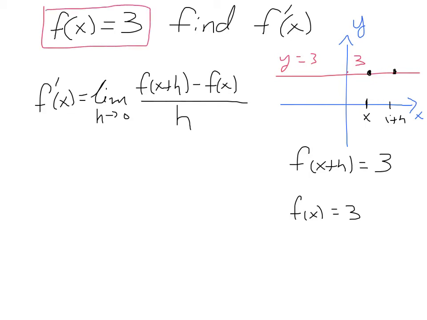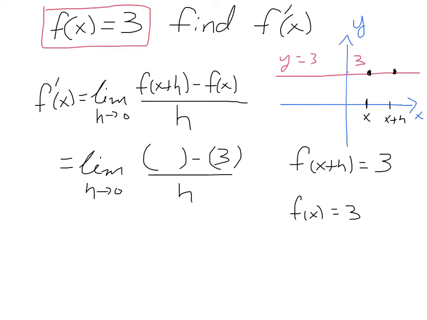Well, let's substitute that into the limit definition. So we have f of x is 3. We'll put that in. And we have that f of x plus h is also 3, and we'll substitute that in.